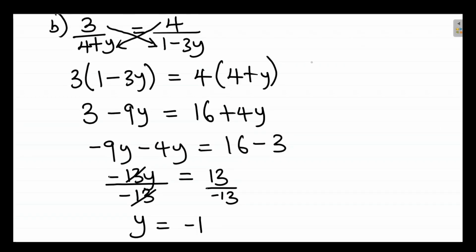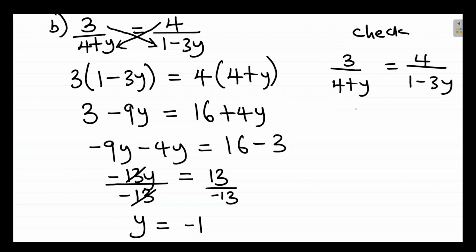So we have that 3 divided by 4 plus y is equal to 4 divided by 1 minus 3y. Now we have obtained that y is equal to minus 1.